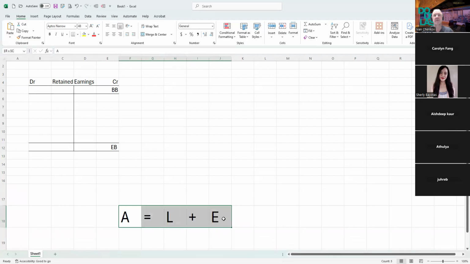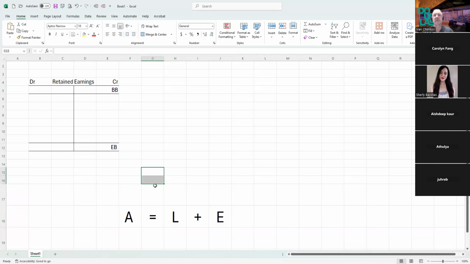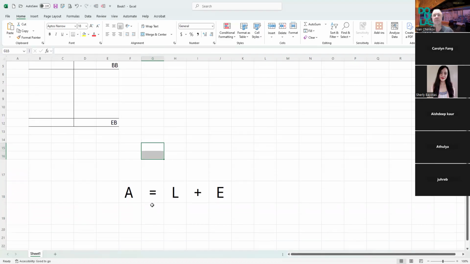That's our basic accounting equation, correct? So now the easiest way to remember which one is debit, which one is credit, just draw the T account right here. And the T account will be like this.